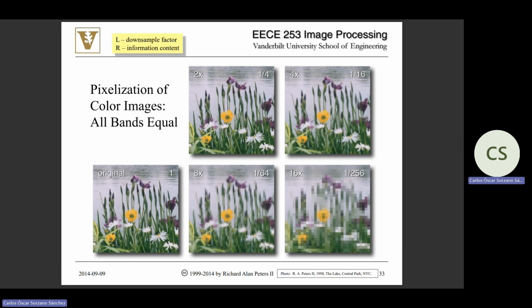You can see how the quality of the image degrades as you are averaging more and more, and it makes sense. Dividing the information by 4 doesn't seem to be too terrible. By 16, you already start to see a lot of artifacts, and by 64, and 256, well, that makes sense because they have bigger pixels.